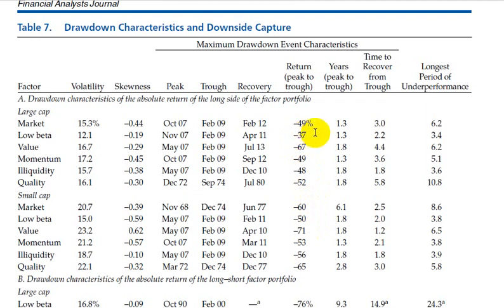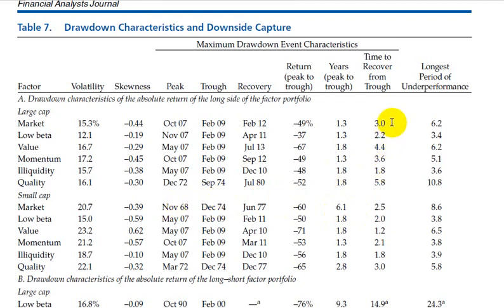The low beta factor has the smallest drawdown, so risk averse investors may find benefit from owning the low beta stocks. And the number of years of that decline are pretty much in line, except the market for small caps. It looks like maybe 6 years for the decline in the stock price here.